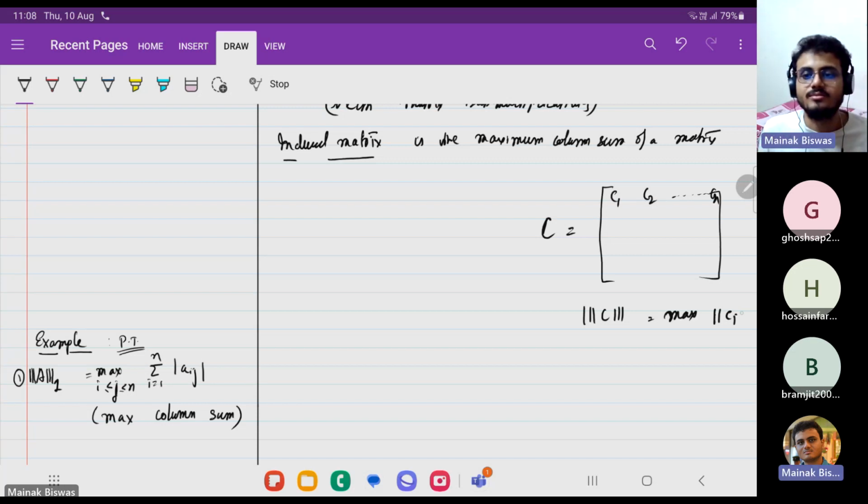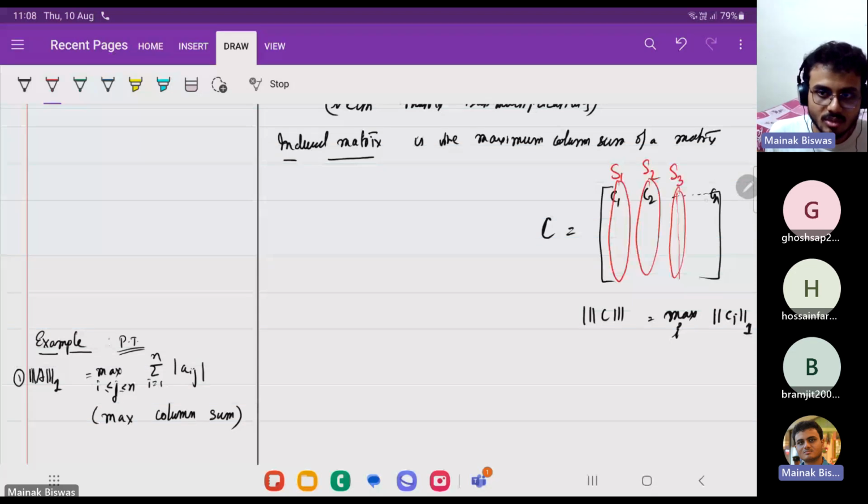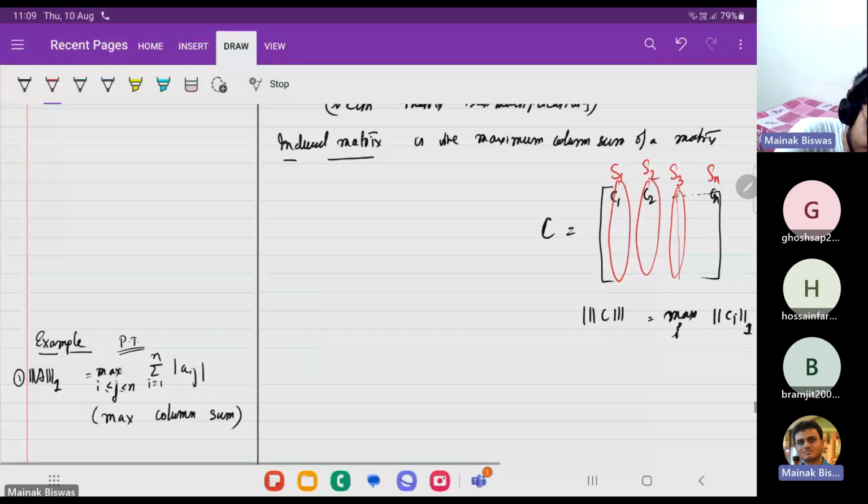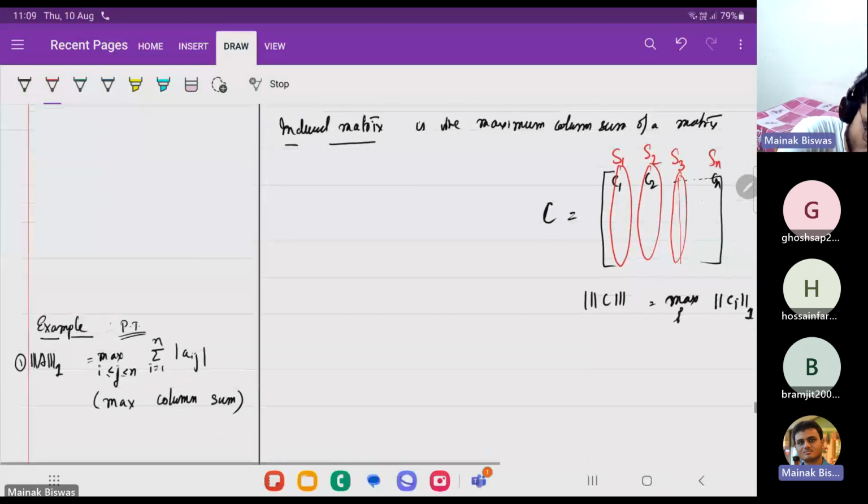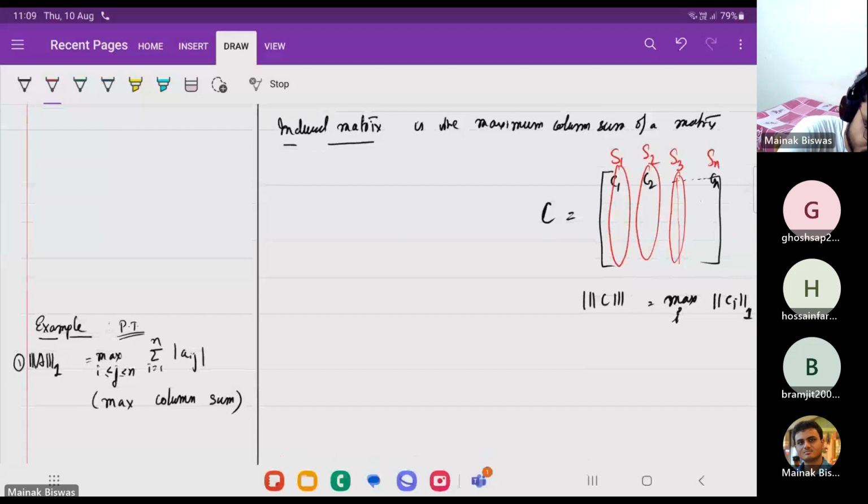Is it clear? This is what I want to prove. So you sum each column to S1, S2, S3, up to Sn, and you select the maximum of S1 to Sn. Agreed?